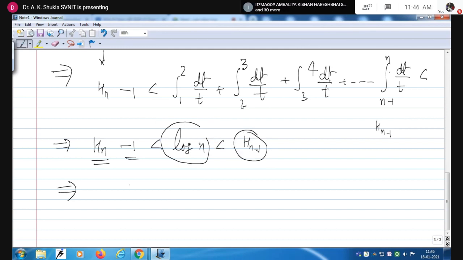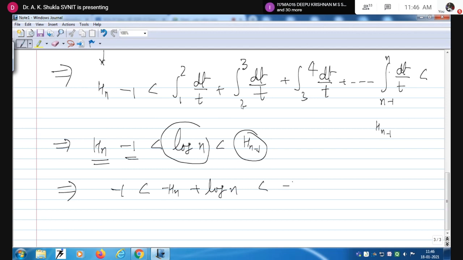So we can write now this minus 1 is here less than minus 1 is this, and here minus hn plus log n.